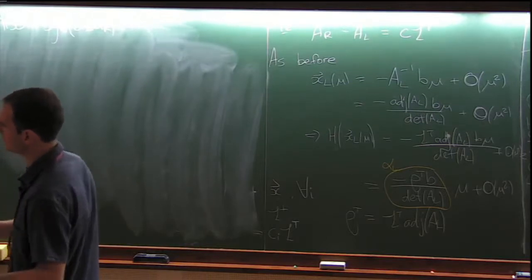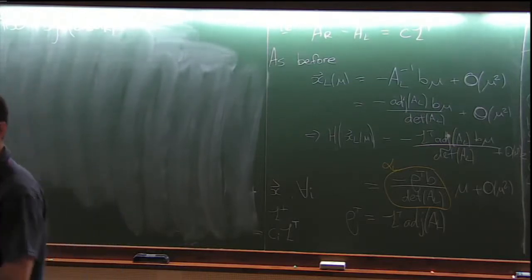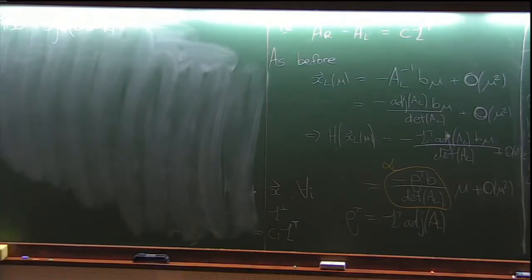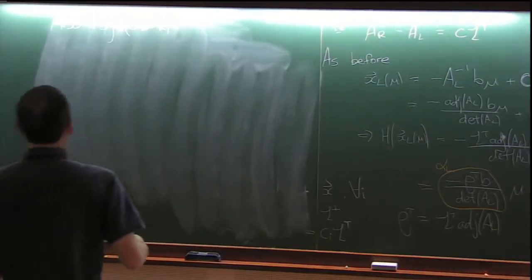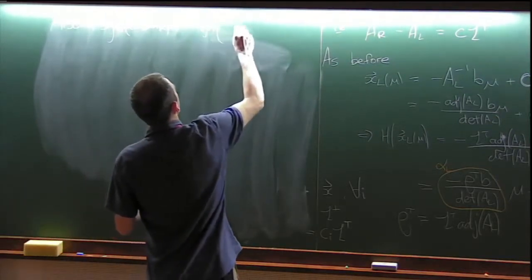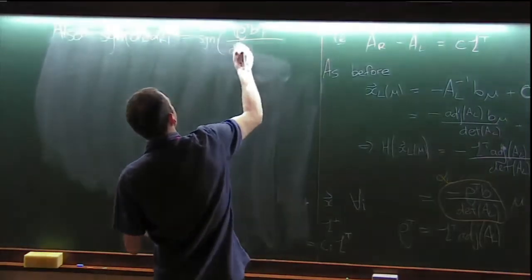So just as we did yesterday in the discontinuous case, we can relate this to the eigenvalues of the matrices AL and AR. Right, so we've got our formulas for alpha L and alpha R. Sign of rho transpose B squared.